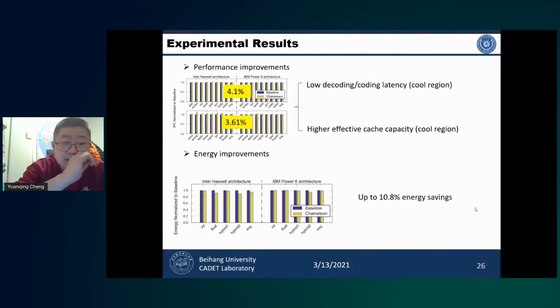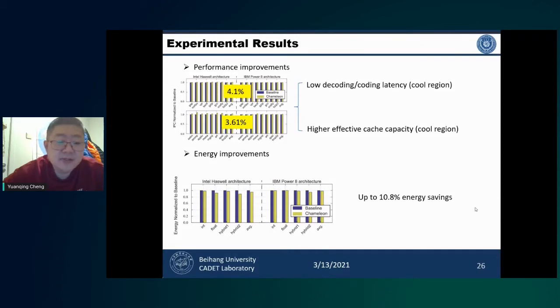These are some experimental results, and our scheme can improve the performance by 4.1% and 3.6% on different kinds of benchmarks, that is, the integer benchmarks and floating point benchmarks.